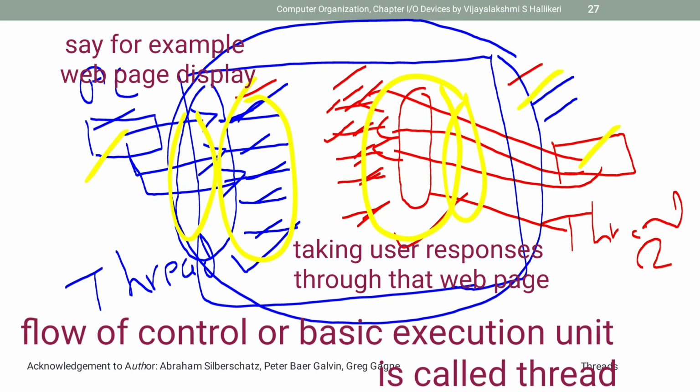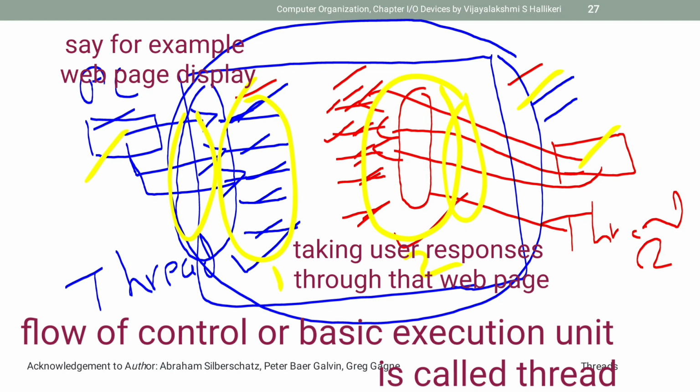This is what a multithreaded process is. A heavyweight process is a process in which a single flow of control, a single thread, is there, because of which a single task will be executed.